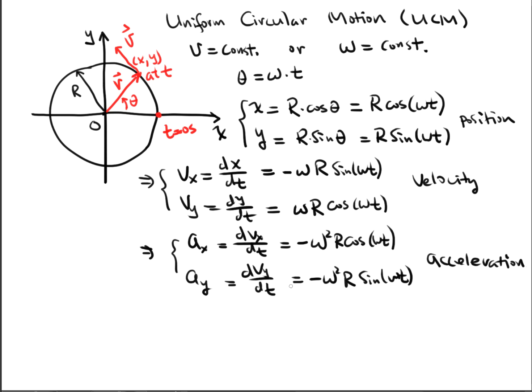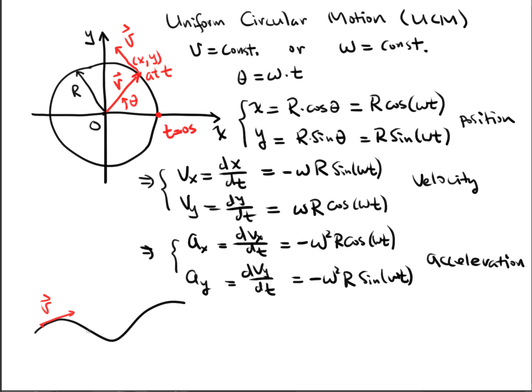In fact, this result is general, even for any curved path motion. Suppose we know the object is moving along these paths, then in order to know the velocity, we simply need to draw a tangent direction. That's the velocity direction at this instant.